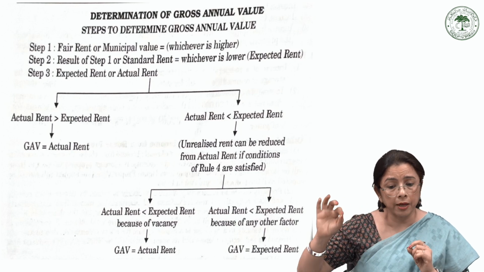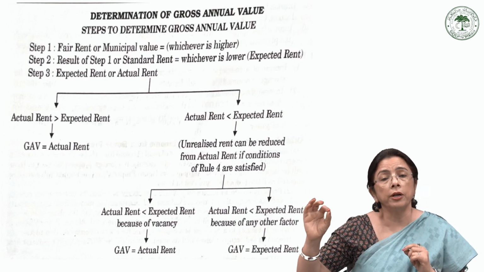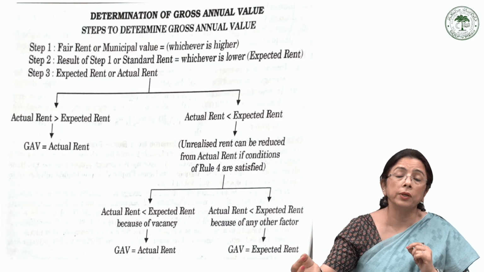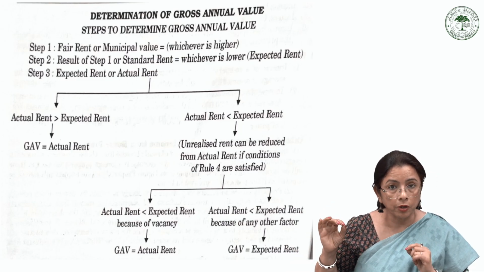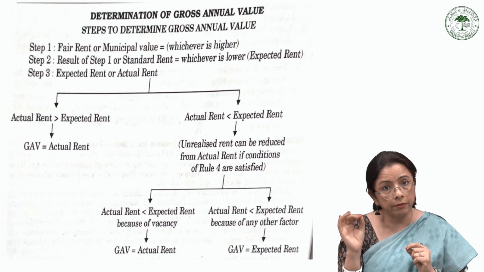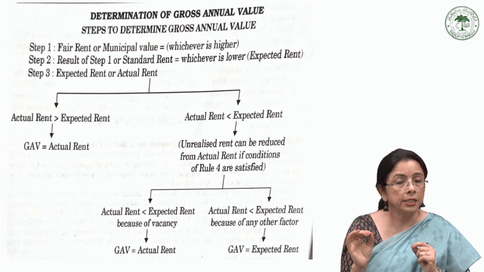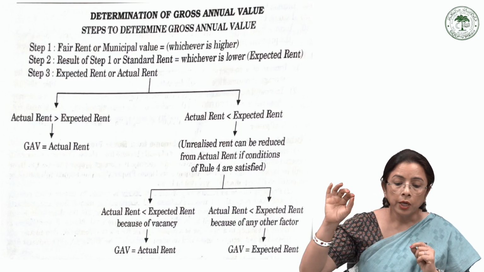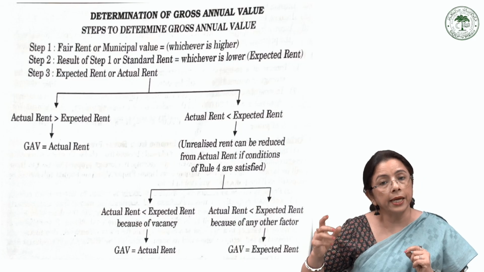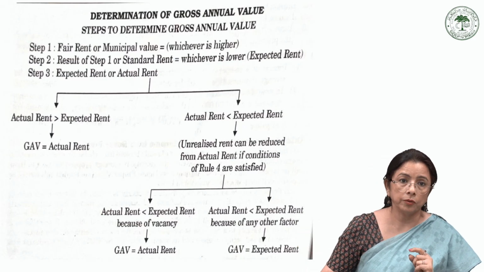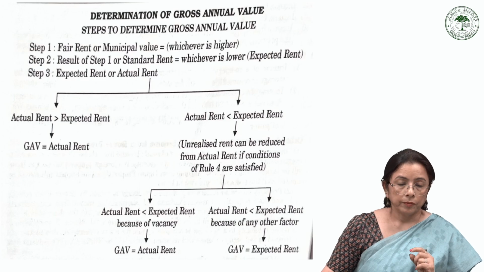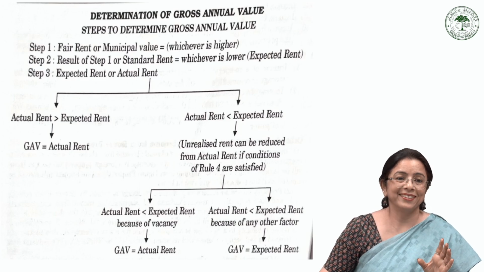But if there was vacancy or unrealized rent due to which the actual rent is less than the expected rent, then if it was because of vacancy, whatever the actual rent is becomes the gross annual value. And in the second case, any other reason, the expected rent becomes the gross annual value. I hope this is clear.